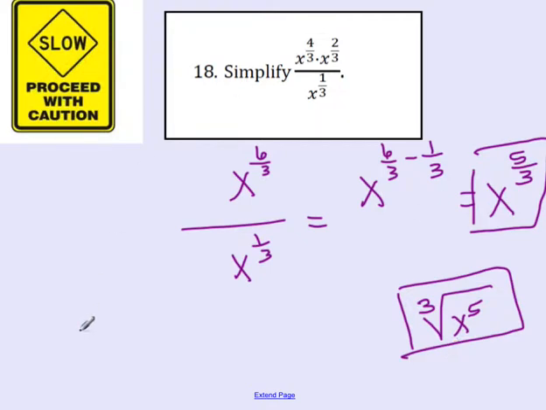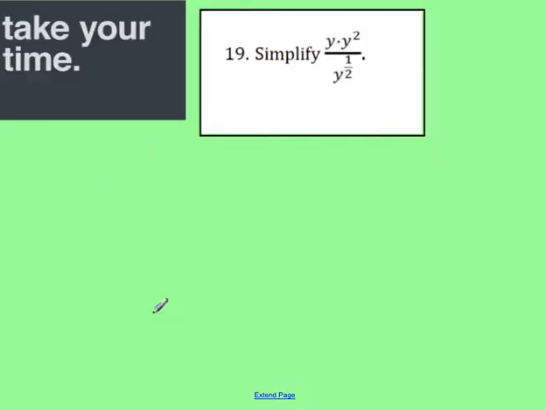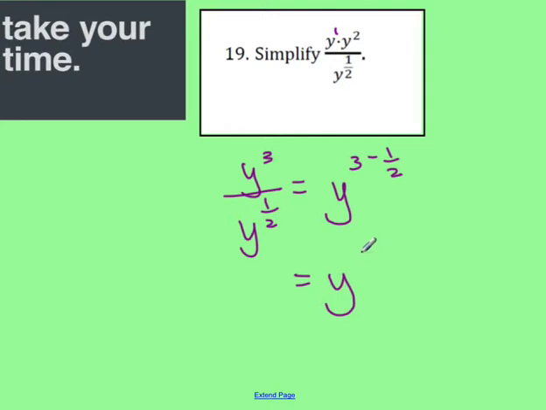Okay. And our last problem, number 19. So we want to simplify this. So my numerator again, it's y times y squared, so it's really y to the first. 1 plus 2 is 3, so I have y to the third, all over y to the 1/2. My bases are both y, so I can go ahead and subtract. So it's y to the third minus 1/2. I'm going to get a common denominator, so it'd be 2.